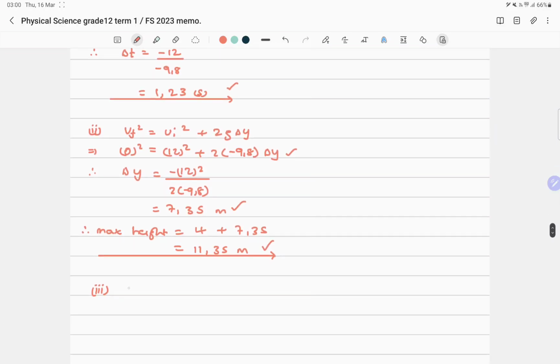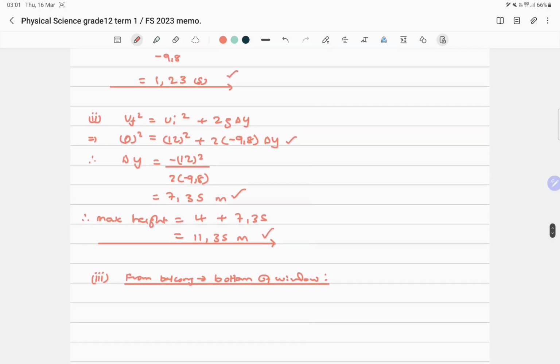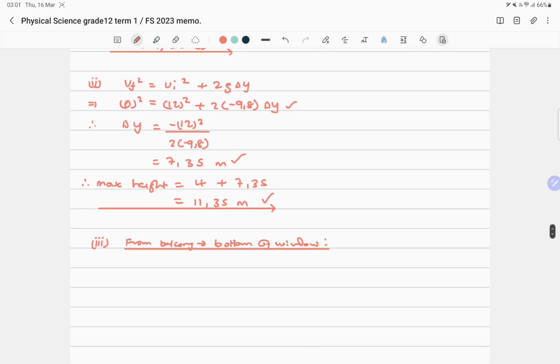So we can say from release, from projecting, okay, we can just say from balcony to bottom of window. Always indicate some time frames, because when questions are vague like this, your planning will save you from being classified as crazy.